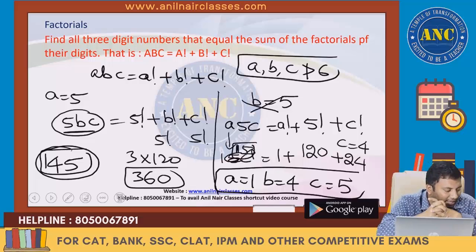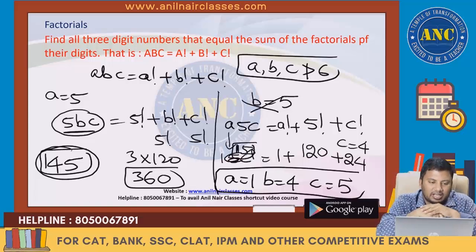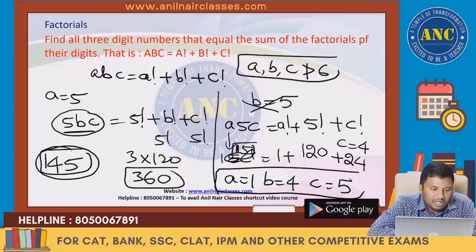But I will give a hint for you. ABC equals A factorial plus B factorial plus C factorial. If A is 5, the left hand side will become 5BC. On the right hand side, even if I put 5 factorial for A, B and C, I will get 360.